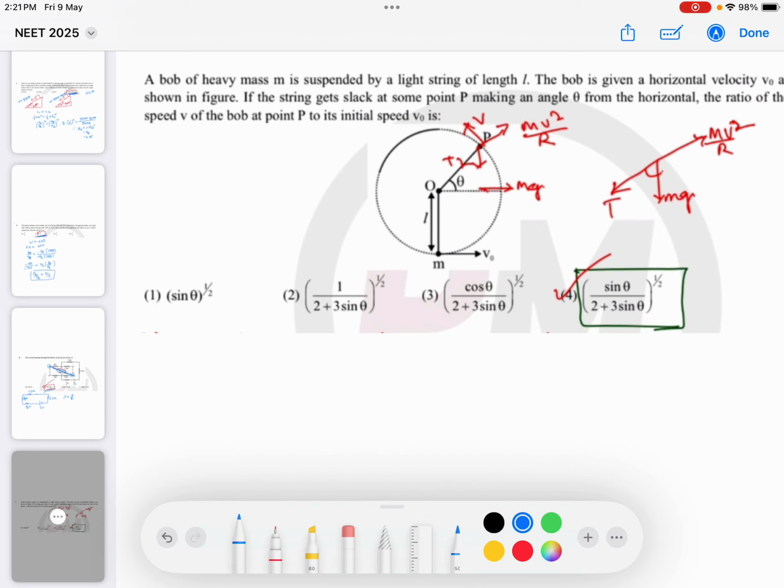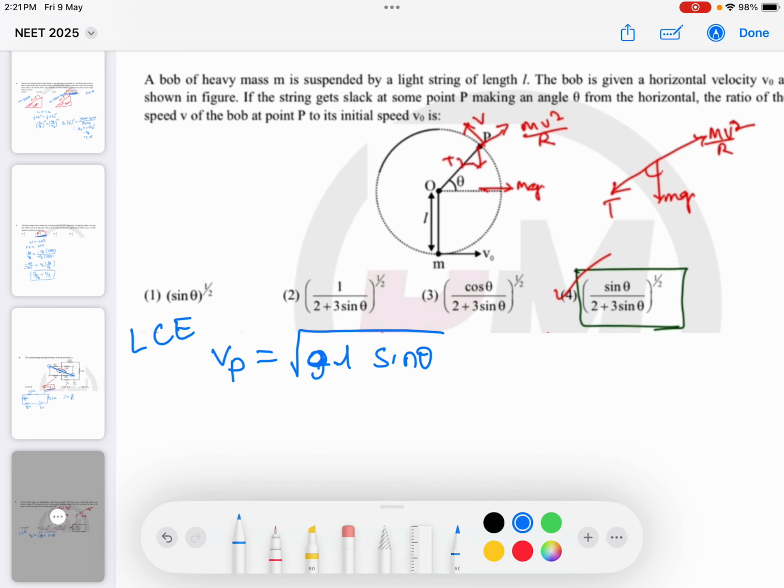So for this case I am calculating the velocity at the point P by using the law of conservation of energy. Velocity at the point P you can calculate, square root of gL sine theta.